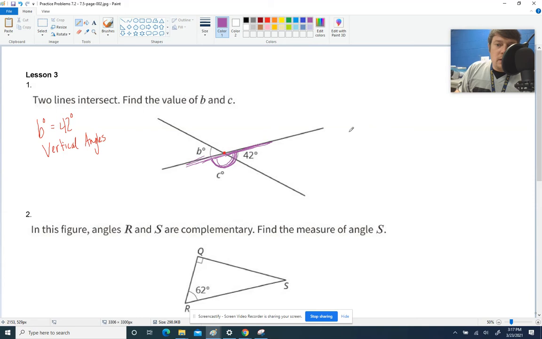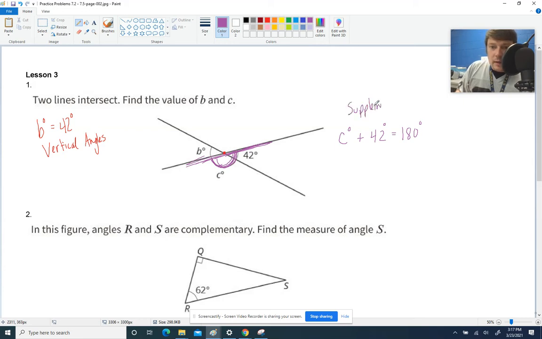So what we know here is that C, whatever it is, plus 42 will add up to 180 degrees. We know that's true because it's on a straight line. It's supplementary.